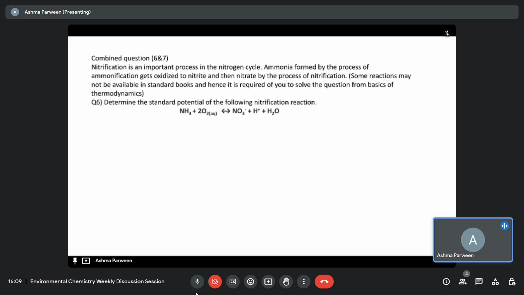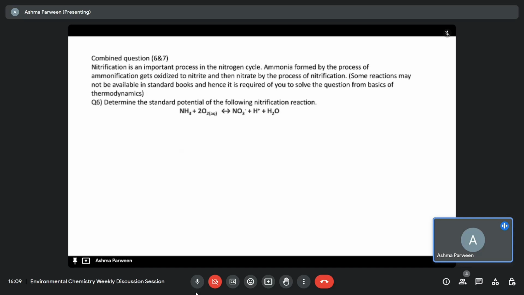The statement given is combined for question number 6 and 7. Nitrification is an important process in the nitrogen cycle. Ammonia formed by the process of ammonification gets oxidized to nitrite, and then it gets oxidized to nitrate by the process of nitrification.